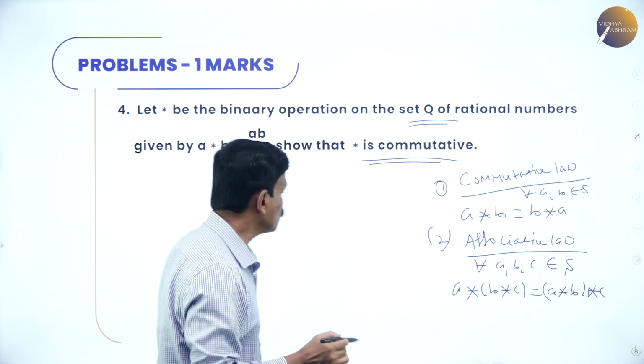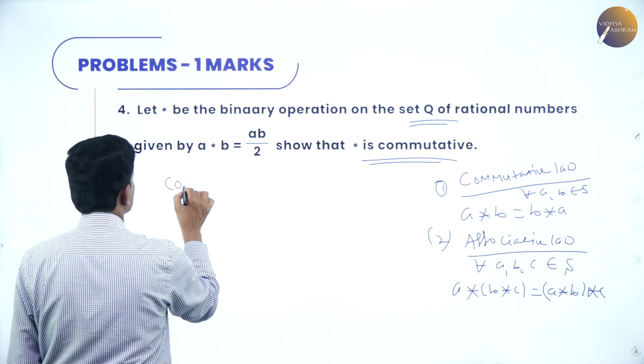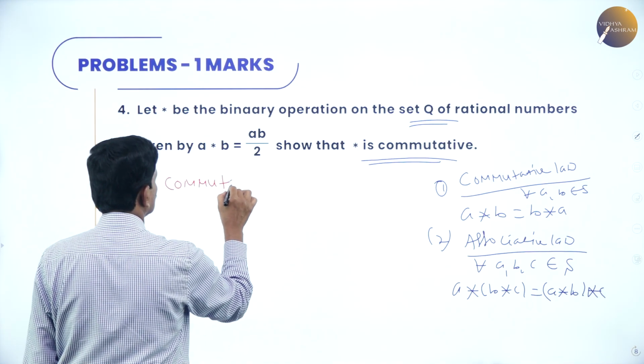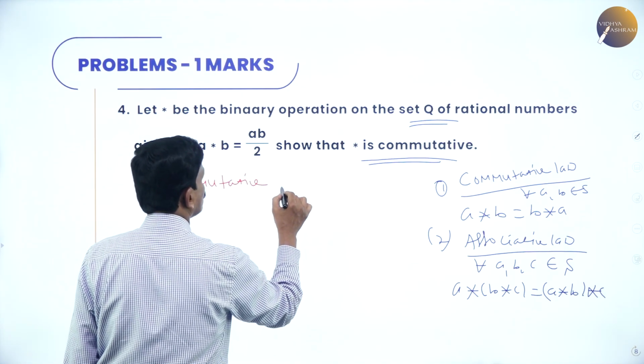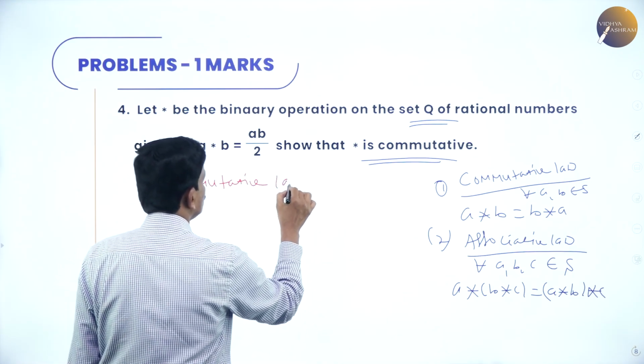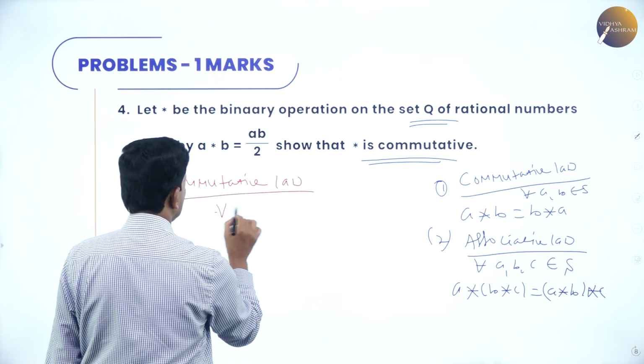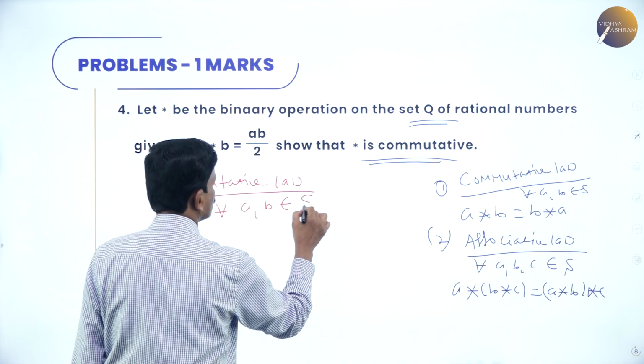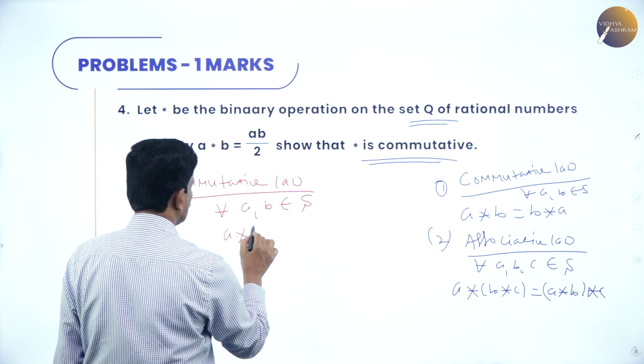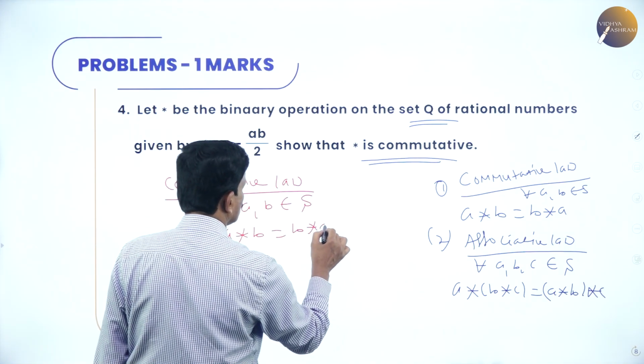Now what is the commutative property? Commutative law: for all a, b belonging to the set, a star b is equal to b star a. Now what is given?